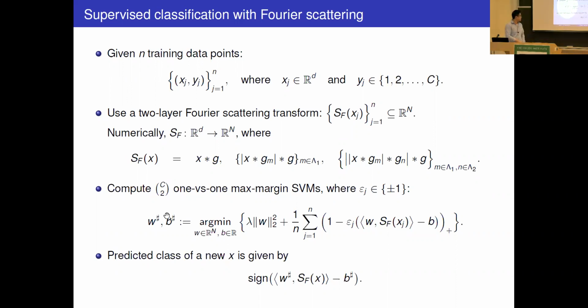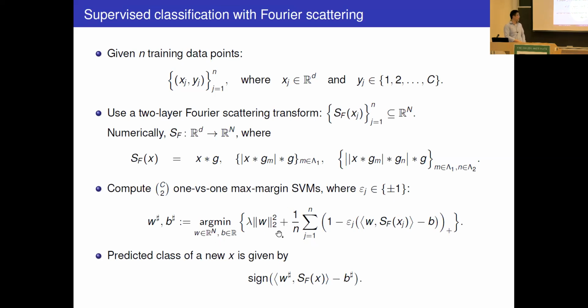So these w's are the orientations of the plane, and b will be the offset. So I try to find an orientation of this plane and an offset b that will split my data as best as possible. The second term is how well I do on the training. So am I able to split the training data? And this first term is a regularizer.